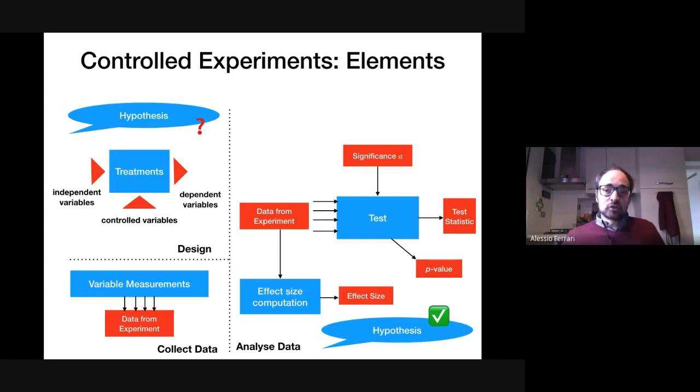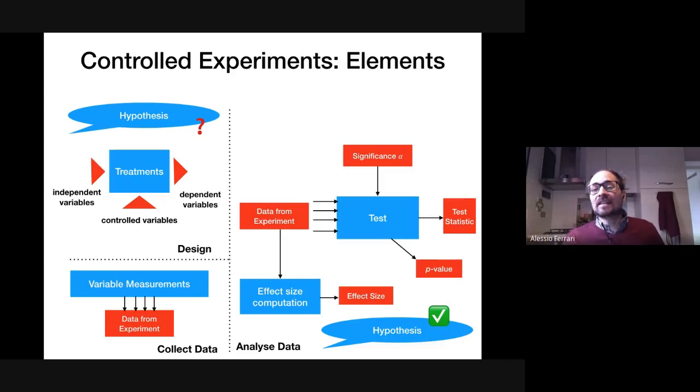Another thing that you can extract from this analysis is the effect size. So, for example, the test can tell you how significant your result is. How sure can you be that, normally, your null hypothesis is rejected, but this we will see later on. How sure can you be of the conclusion of this test?